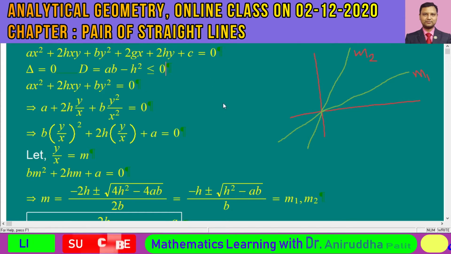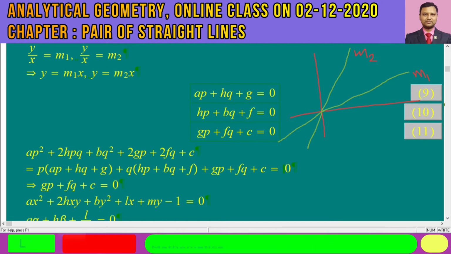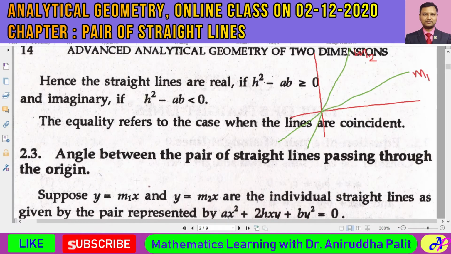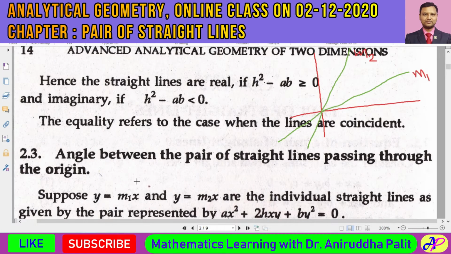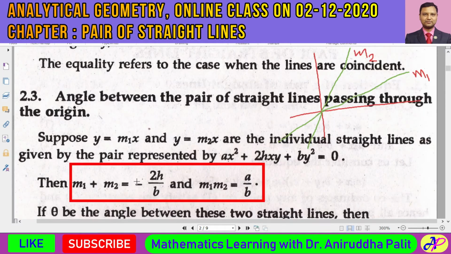Now we need to discuss the angle between these two pair of straight lines. What would be the angle between these two pair of straight lines?